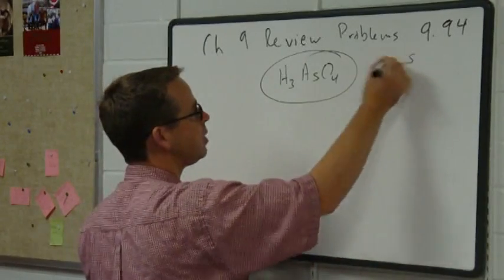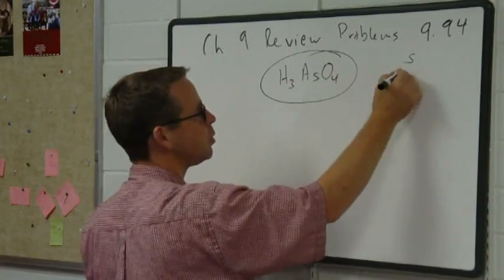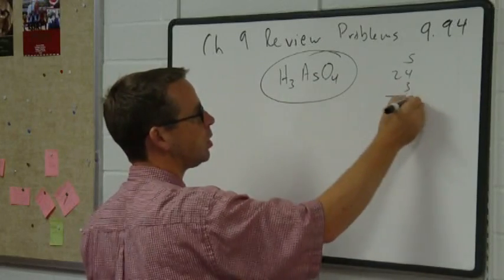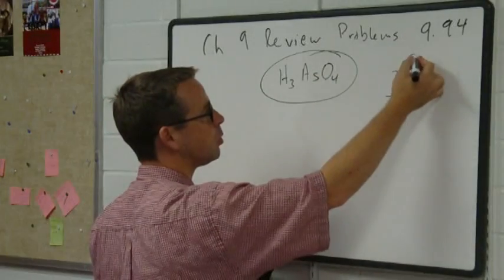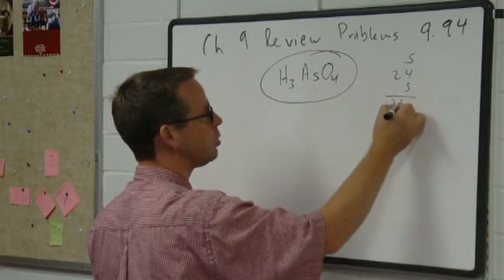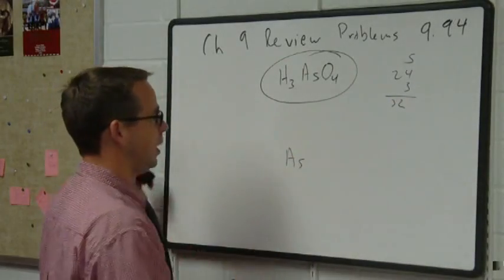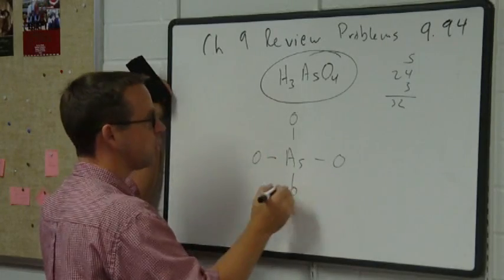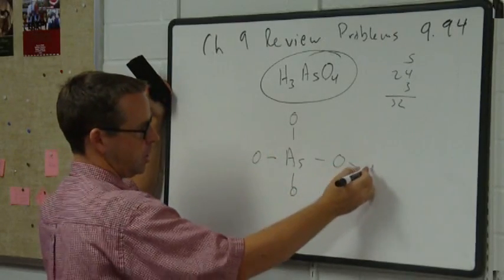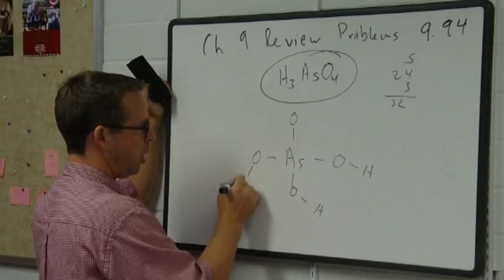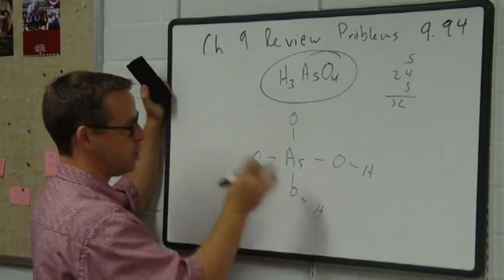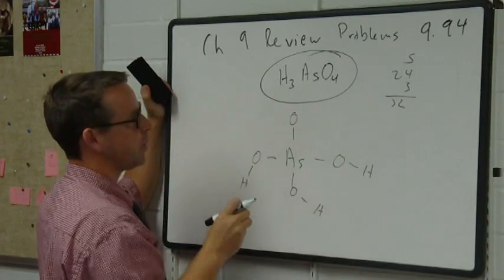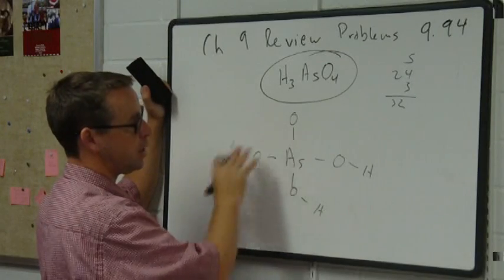So 5 from arsenic, 6 times 4, 24 from the oxygens, and 3. So we have 24, 29, 30, 31, 32. 32 electrons altogether. Arsenic, 4 oxygens, 3 hydrogens. Again, this is an oxyacid, so the hydrogens are coming off of oxygens, okay? And arsenic has 8 electrons.